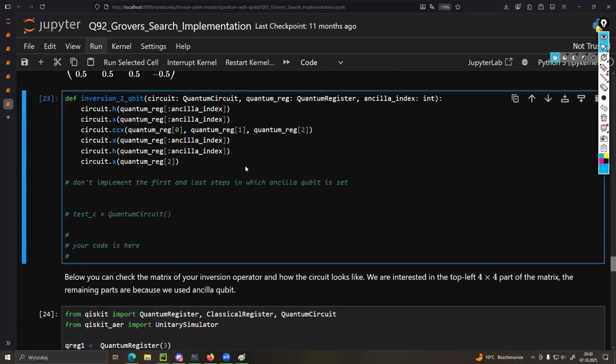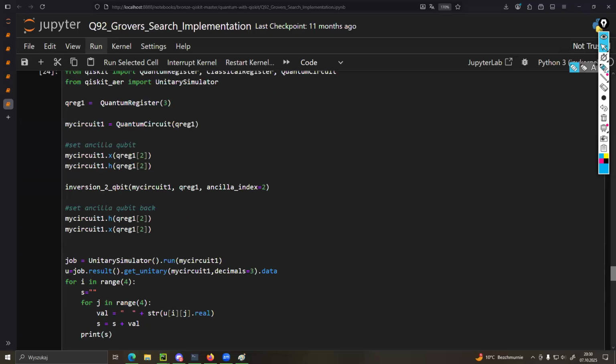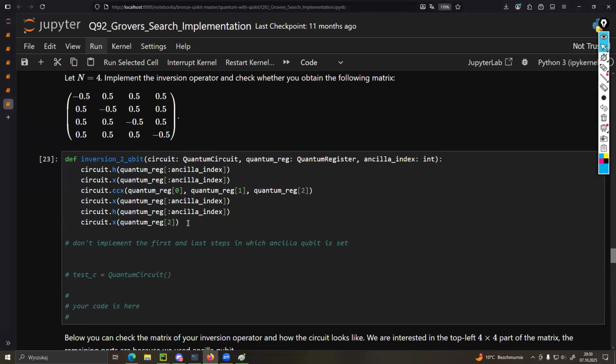And now, after all of this, this is the actual state that we did, right? So here I apply the inversion.